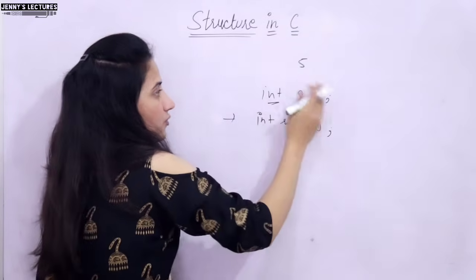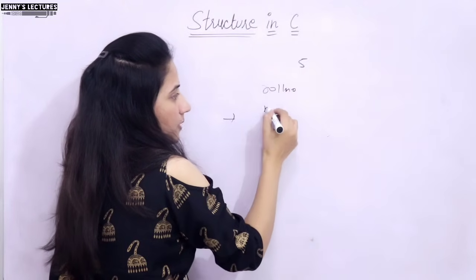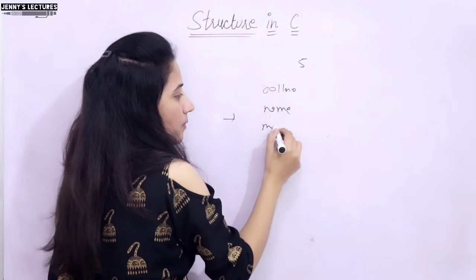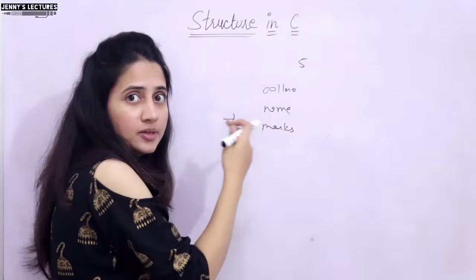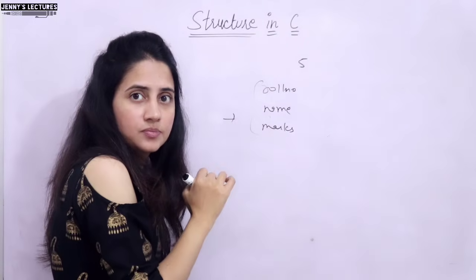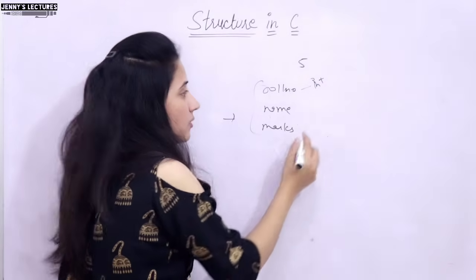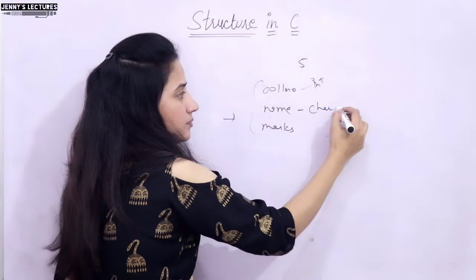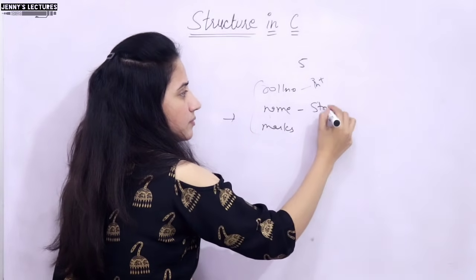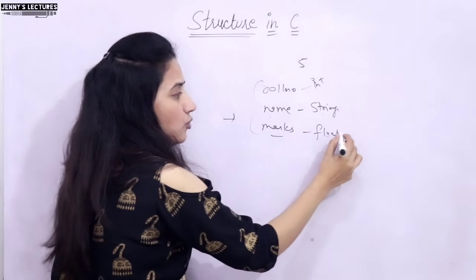Information of a student means roll number, name is also there, marks, then maybe address and many other things, but here I am taking only 3 things. Roll number would be of type integer, name would be of type string, and marks would be of type maybe float.